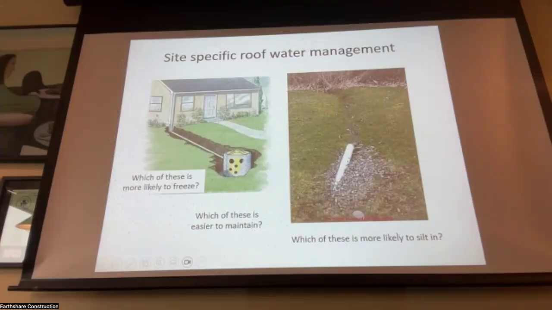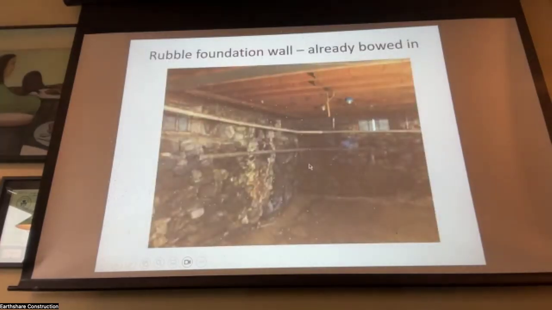So here's an example of a dry well. This is the footing drains going to daylight. This is a foundation wall that has been pushed by frost action. And there are different building science discussions about whether frost action is even possible.